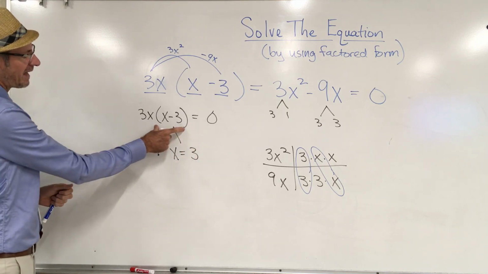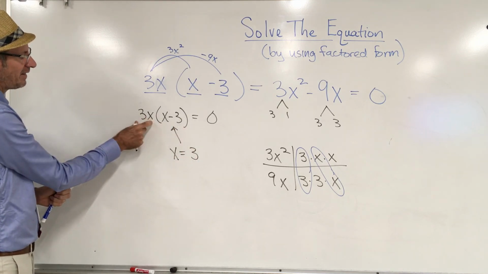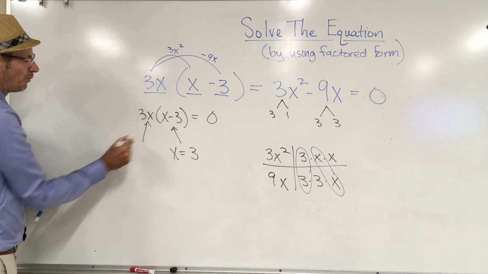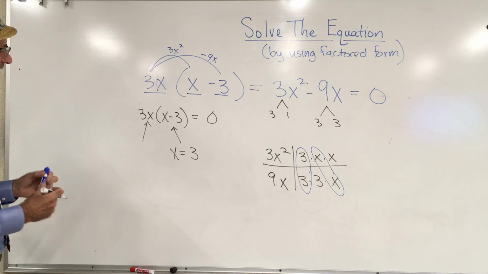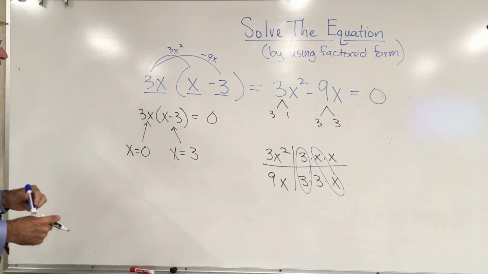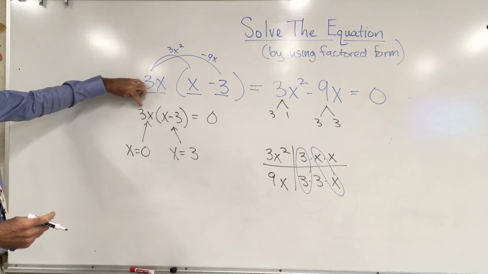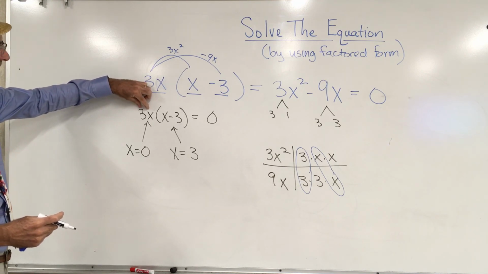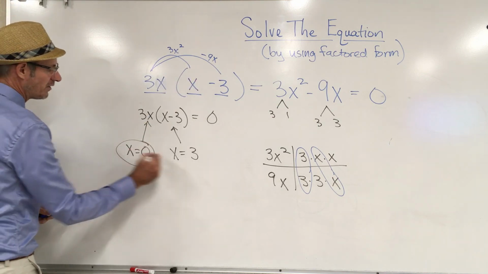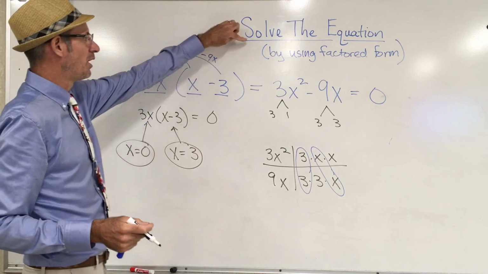Because if we can make this set of parentheses 0, anything times 0 will be 0. And from this part, when we have an x in front of our parentheses, we know that we will always have one solution that is 0, because 3 times 0 is 0, and anything times that 0 will be 0. So these are the solutions to our equation.